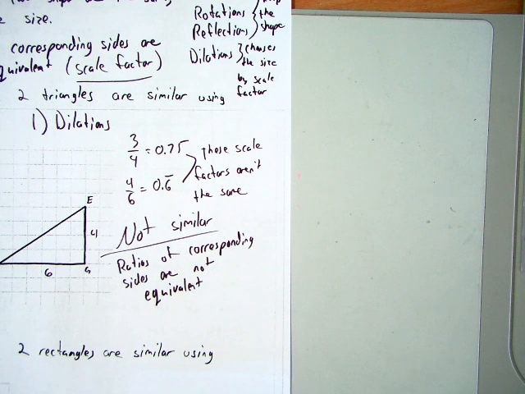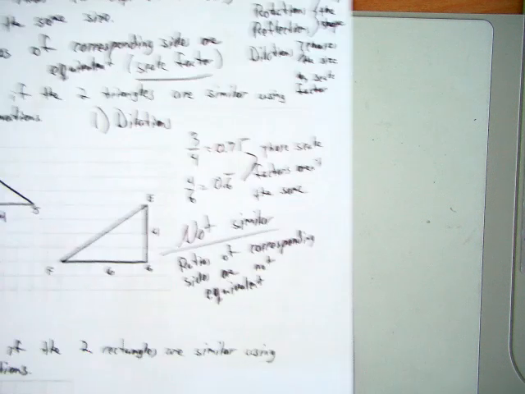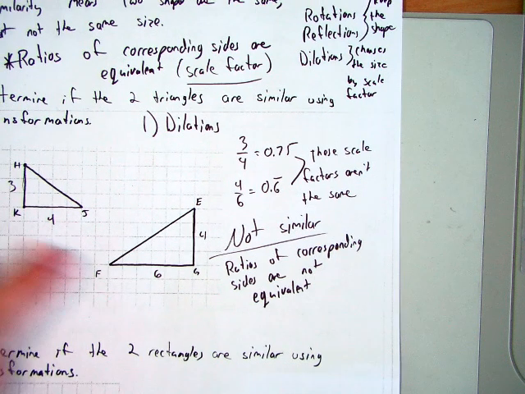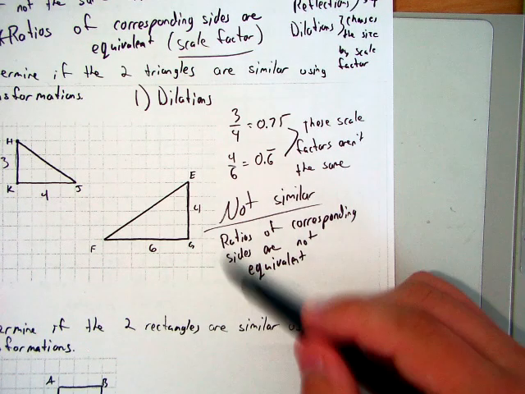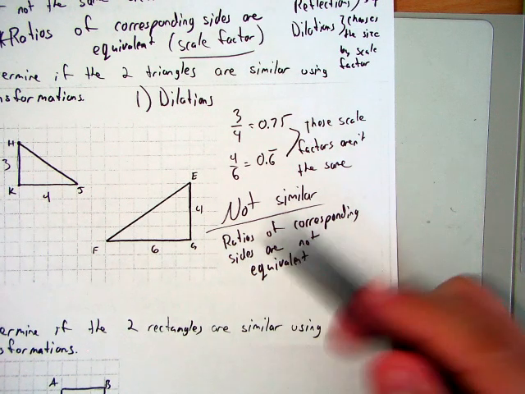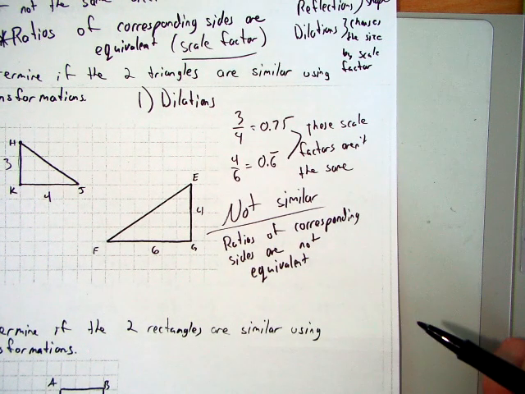And that's the important thing to remember. Now, if they are equivalent, we would then have to figure out how we would get the smaller triangle to be mapped onto the larger triangle. But right now, it says ratio of the corresponding sides are not equal, so we can stop because they are not similar.